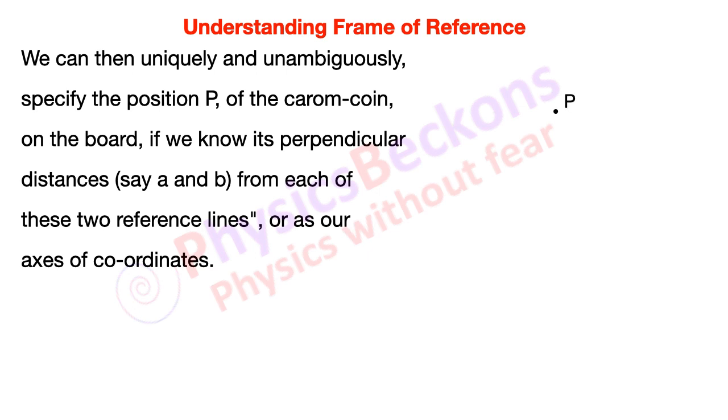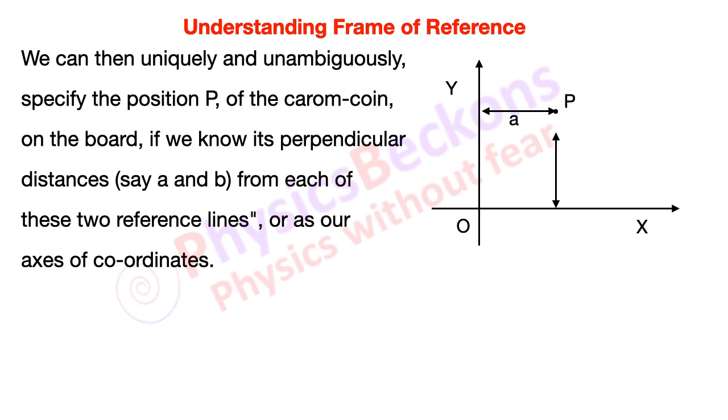We call it P. In order to specify its position on the carom board, we take two axes, the x-axis, the y-axis, the origin O. Take perpendicular distance of P from y-axis, term it as A, we call it the x-coordinate.